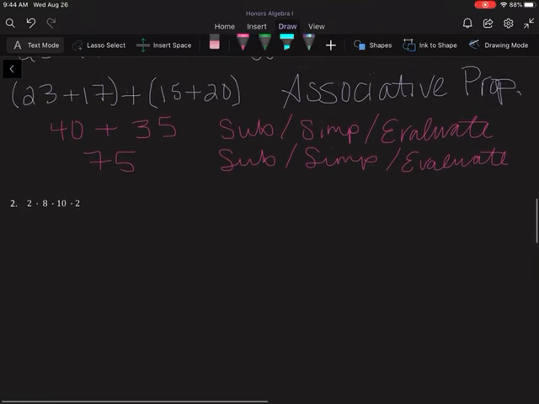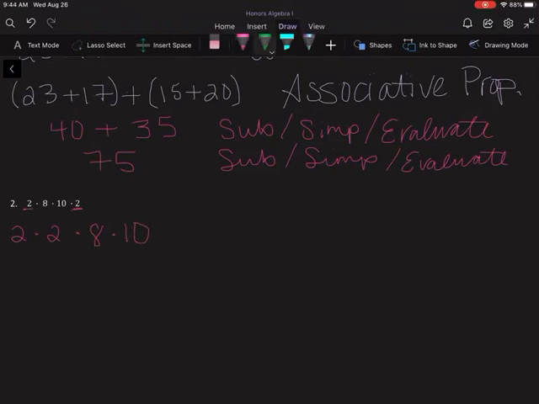We'll do one last one here with multiplication. Group things together, or we'll move them around first. I think it really actually doesn't matter the way you move it around. Sometimes it's easier one way than the other. I want to say these two together first, and then these two.